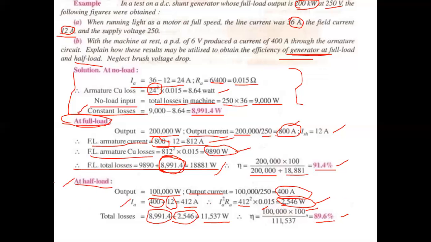Like this, we can calculate efficiency at any desired load with this Swinburne test data. We have not actually put 800 amperes of load and 400 amperes of load during full load and half load, but we are calculating efficiency at full load and half load, and this Swinburne test helps us to calculate full load and half load efficiencies.